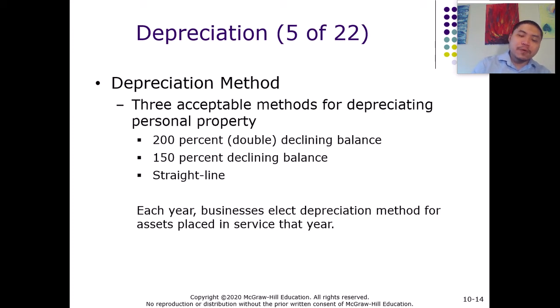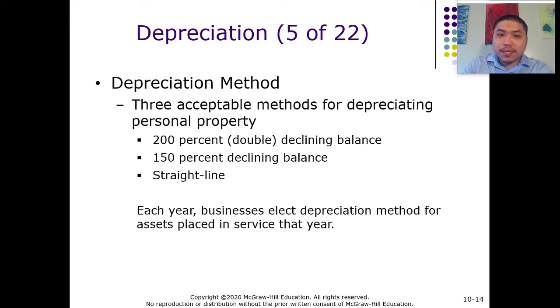But by default, businesses should use the 200% or double declining method, right? But they have the option to switch to the 150% declining method or straight line method. So in this chapter, we're going to mainly focus on the default method, which is the double declining method, right?